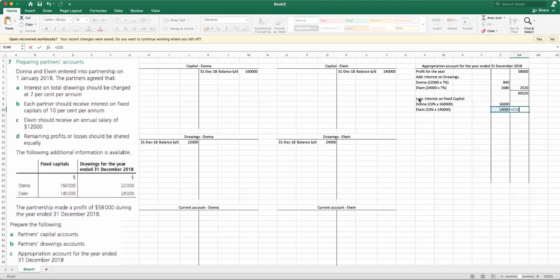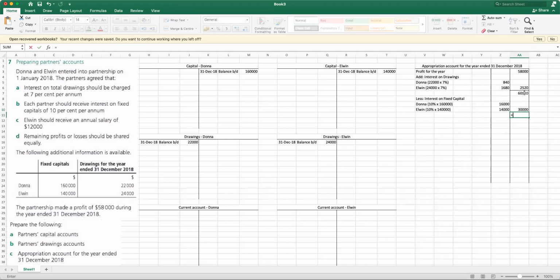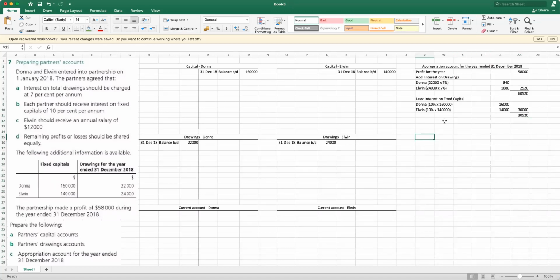Total amount 30,000. So you're going to reduce it. So this is actually a negative amount. So you're supposed to write it in a bracket. I'm just going to write this minus this here. In your paper, you should write it as a bracket to show that it is a subtraction. And then we get 30,520.